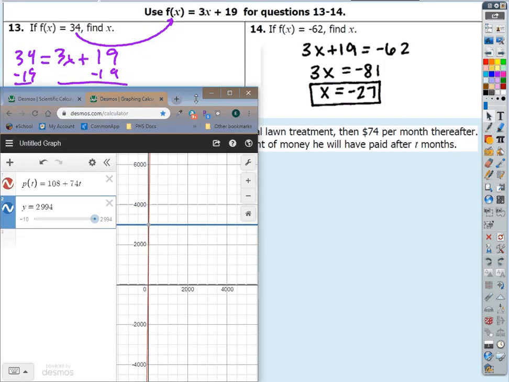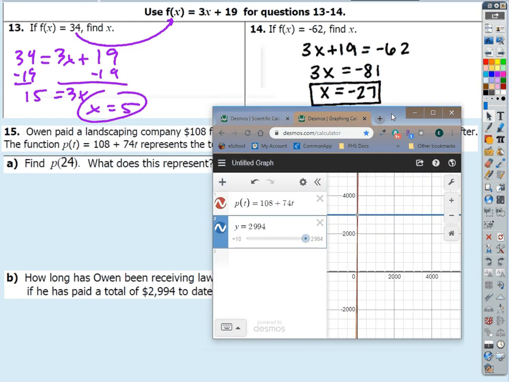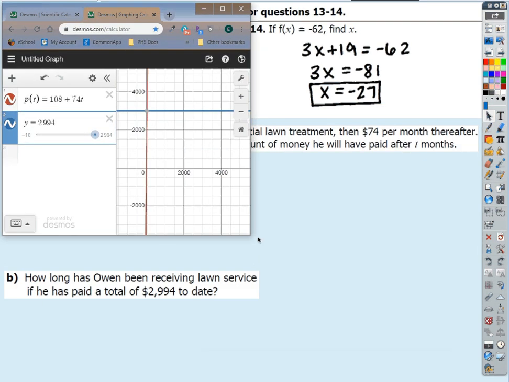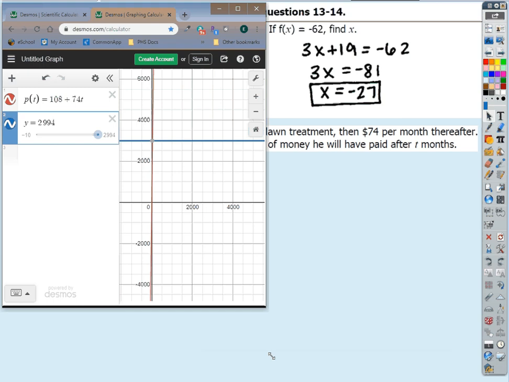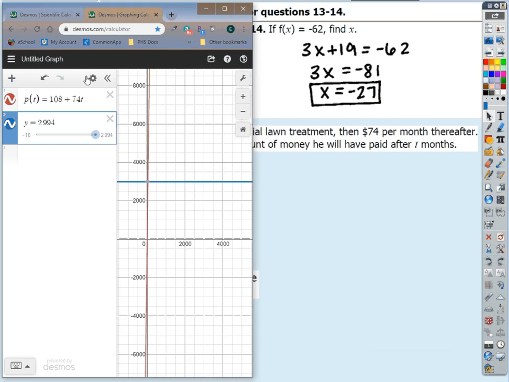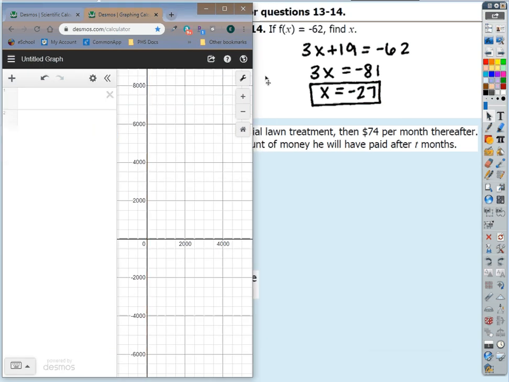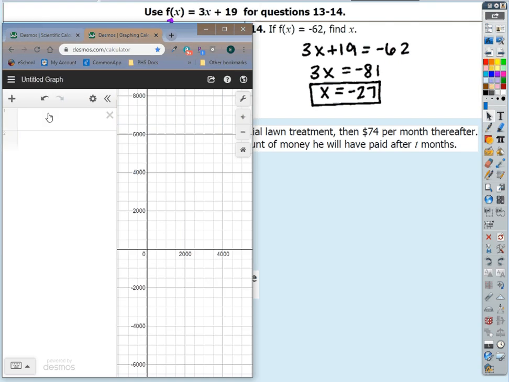I'm going to use the graphing calculator this time, not the non-graphing, not the scientific. And I'm going to put in the function. Right, so there's my function, f of x equals 3x plus 19, and it gives me a graph, right?